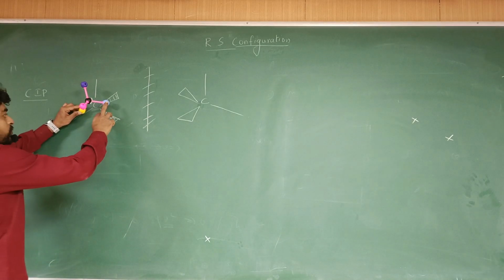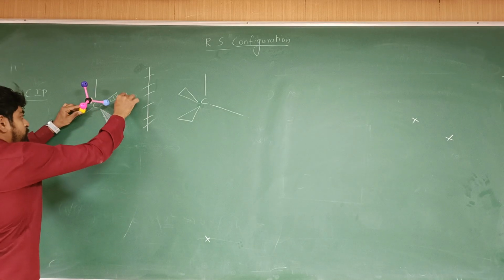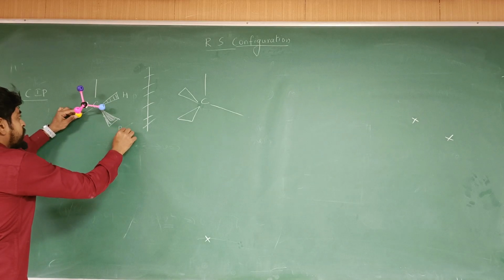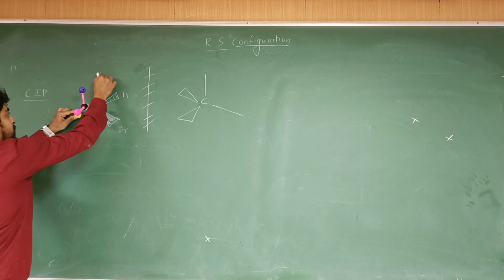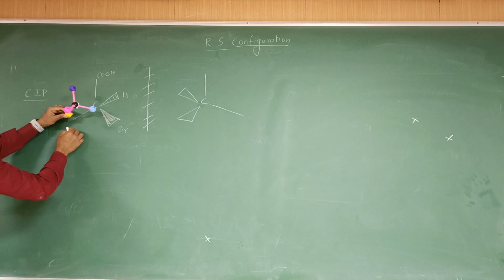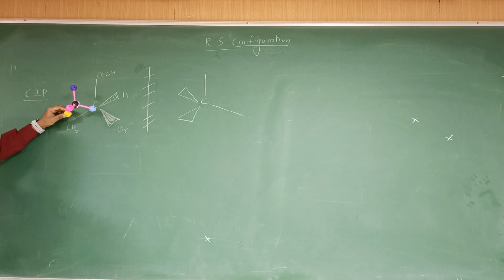Suppose this blue atom is hydrogen and the pink atom is, let us say, bromine. This violet one is, let us say, COOH, and this is some CH3. Now I have 4 groups attached like this.